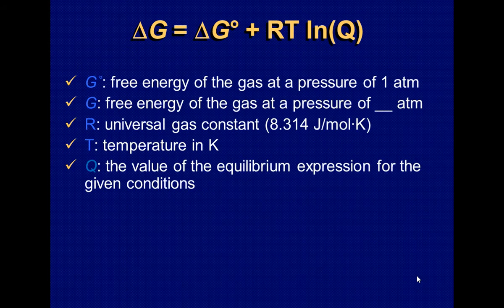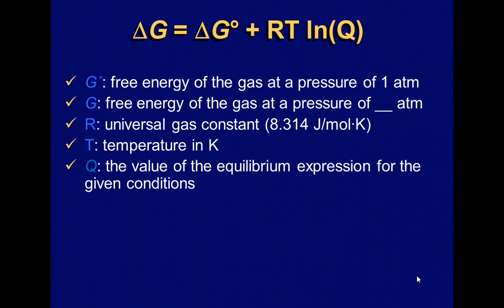So if we are not at standard conditions, if we are not at 1 atmosphere, we can relate the non-standard free energy to the standard free energy using that equilibrium expression, but we're going to be plugging in what's not at equilibrium, the Q value, as opposed to K. Since if we're not under standard conditions, we are not likely to be at equilibrium.